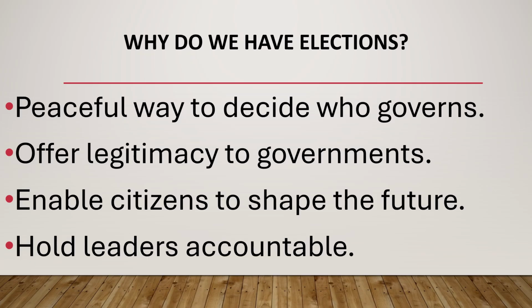And then another part of it has to do with enabling citizens to shape the future, because elections give citizens the opportunity to have a say in how the country is run. By voting, people influence decisions about policies, laws, national policy, and the rest. So in 2016, the then candidate on the ticket of the New Patriotic Party, the NPP, Nana Akufo-Addo, was propagating that he would have free education, one district, one factory, and all this other stuff.